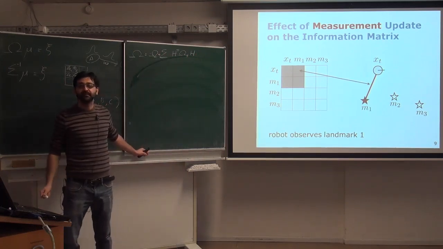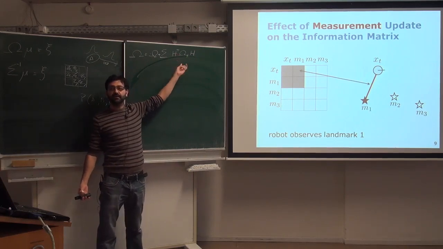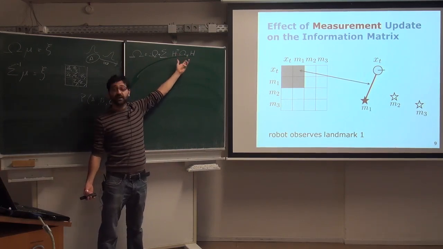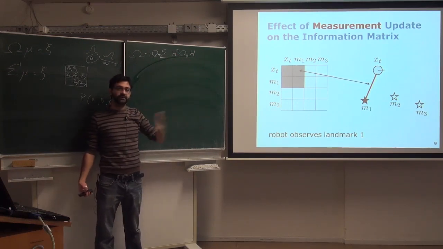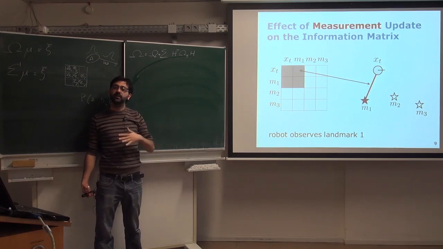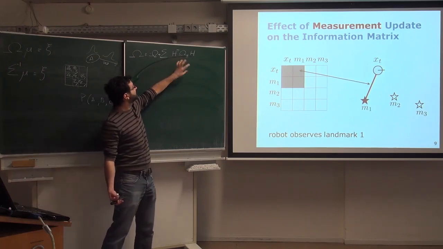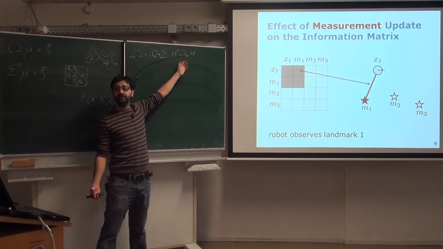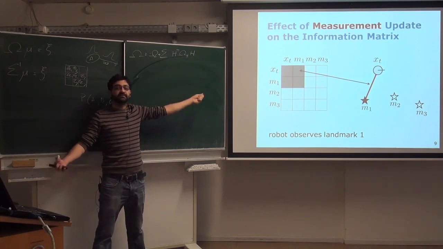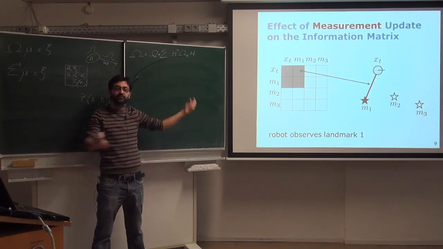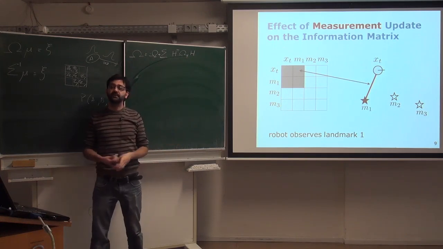Since we have a sum here, the order in which we include observations in our filter has no effect, because I can always change the members of the sum and the result doesn't change. I can do A plus B, that's commutative, so A plus B equals B plus A. So the order doesn't matter.